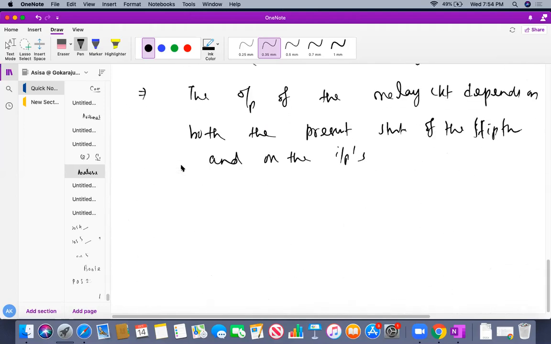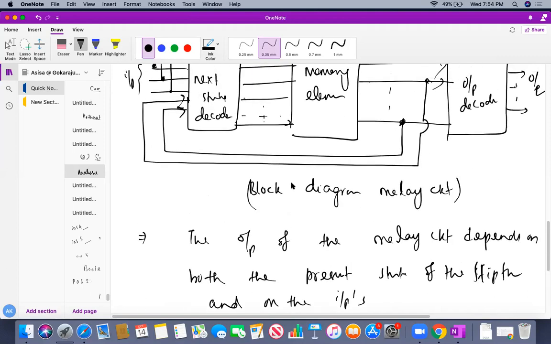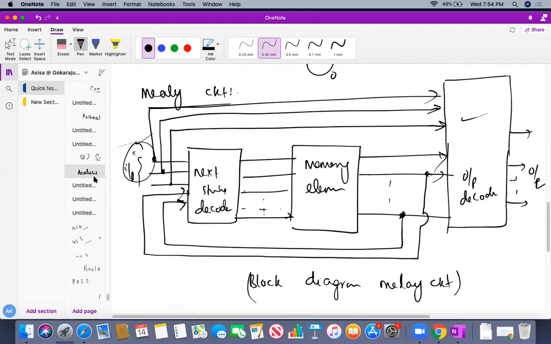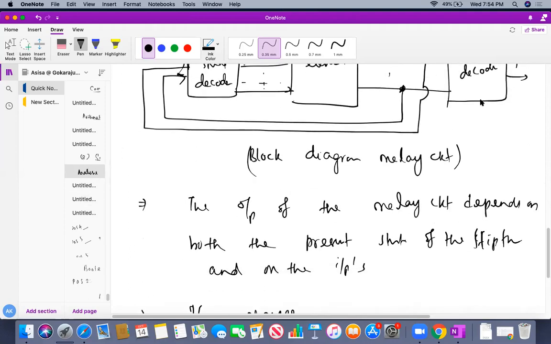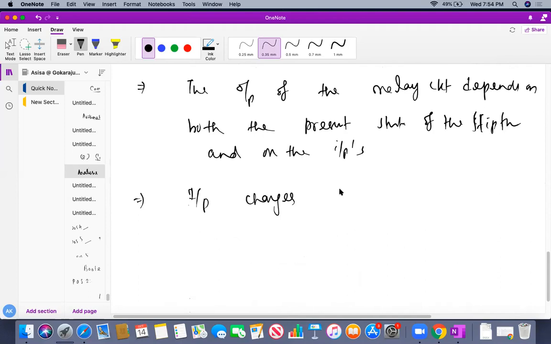Output of the Mealy circuit depends upon the present state as well as the input of the flip flop. Next is input changes may affect the output of the circuit. This is the main difference, because output depends on input as well as the present state. So if you change the input, obviously some of the output will get changed in the Mealy circuit.